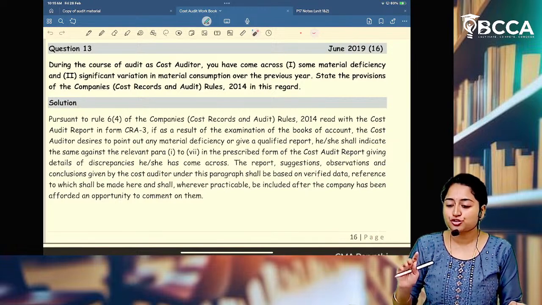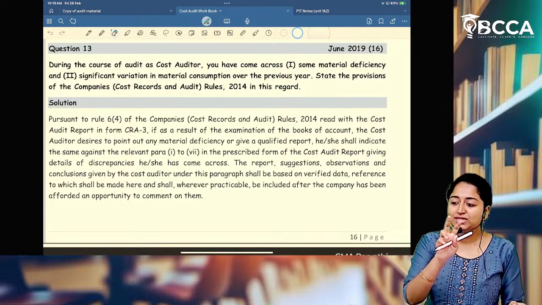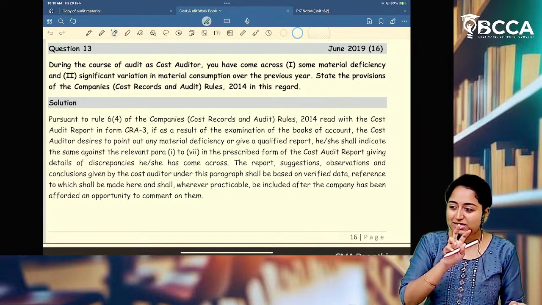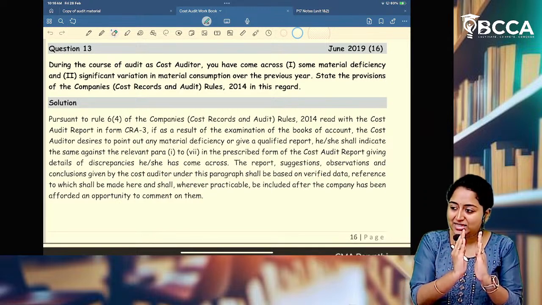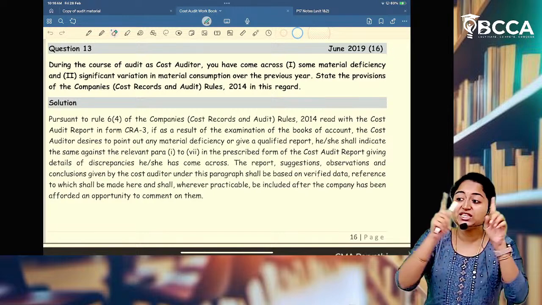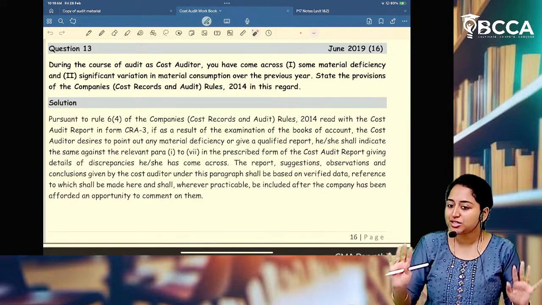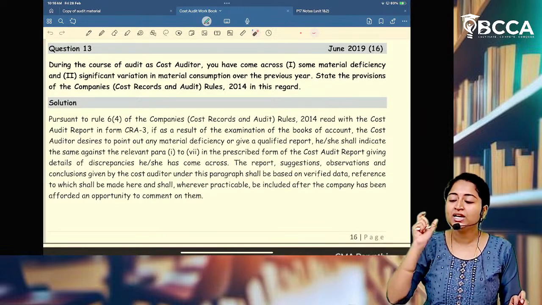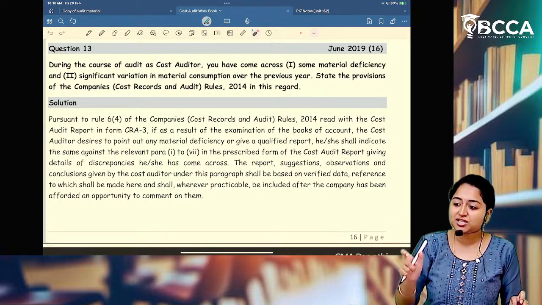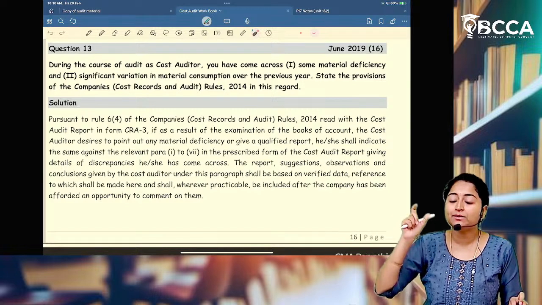If a report is given in such a way, stating that some transaction, disclosure or information is not right, but because of it, the entire cost records and cost statements are not affected, I am not telling that the entire statements are wrong, only that transaction is wrong. Then he will give a qualified audit report, not the entire adverse cost audit report.